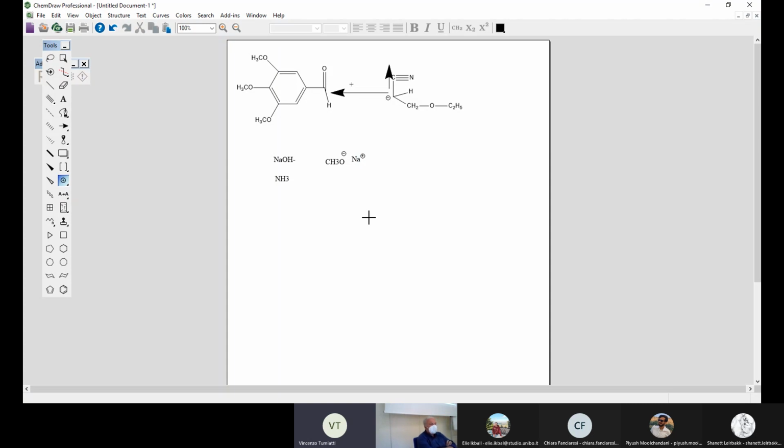Here you can see sodium methoxide. This means that we can take methanol and in some way take away a proton from methanol to have methoxide, plus a proton.